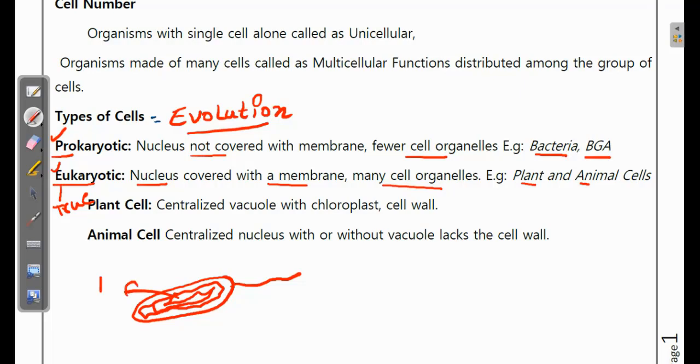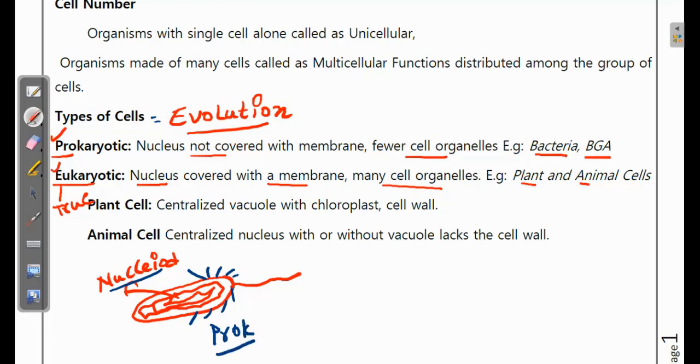That's why we call this a nucleoid. We don't have a proper name for it, so they are called nucleoids, and they have only mesosomes, which function like mitochondria. And you can see the body is covered with a lot of cilia, and a locomotor structure called flagella. That's what the prokaryotic cell stands for.